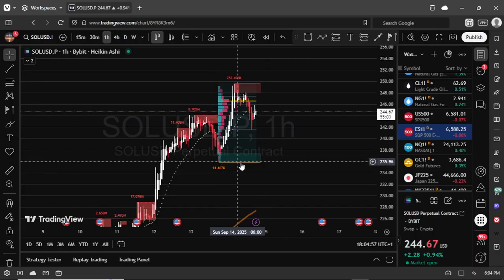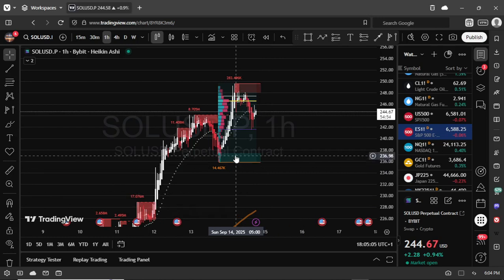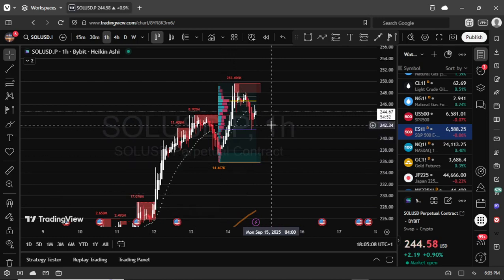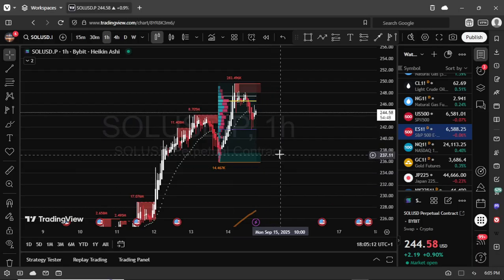If price comes here and then it reacts, and it doesn't break the 200 EMA, I know that yes, the trend is still up. You understand? The trend is still up. I might enter at 237 or 238, and there you have a quality good fill.